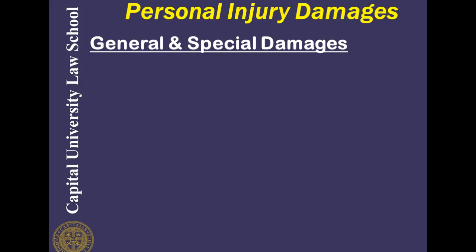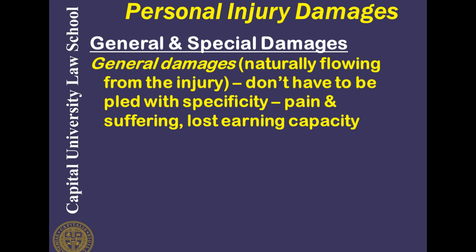Damages are also broken down in another way. We have general and special damages, and we've seen this before in contracts. General damages are those that naturally flow from the injury. They don't have to be pled with specificity. In this instance, they include pain and suffering and lost earning capacity as two examples.